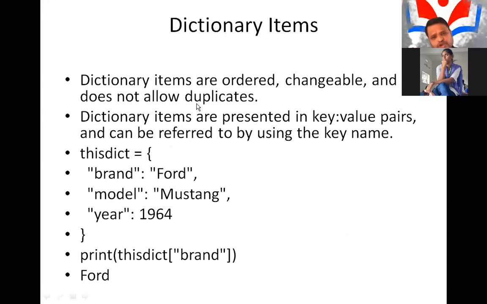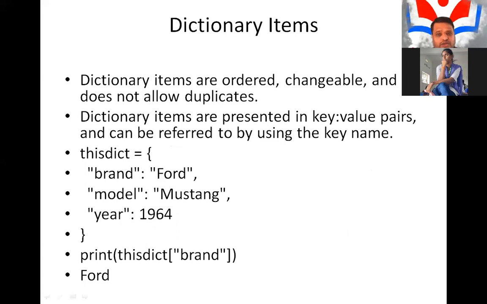Now what do you mean by that? What does it mean that dictionaries do not allow duplicates? Suppose you specify the same key with different values. What will happen to the dictionary? You can clearly notice it in the practical implementation.